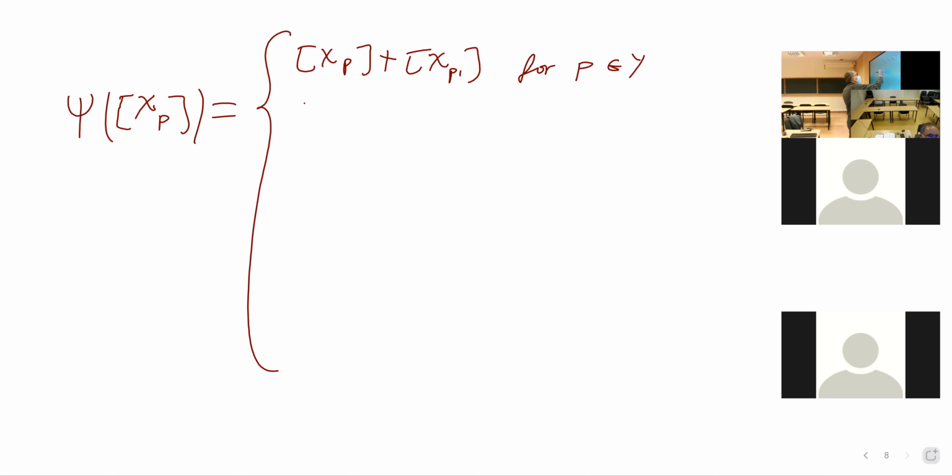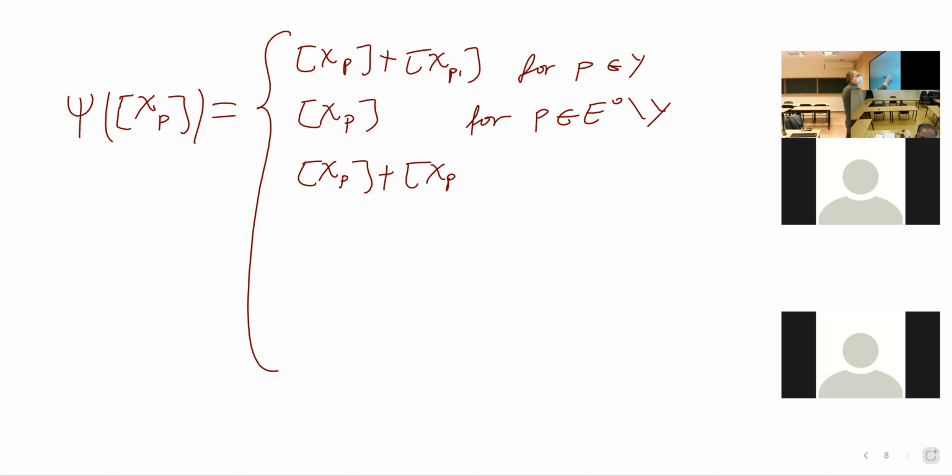I have just chi p for p not in y. I have again chi p plus chi p prime for p in f.